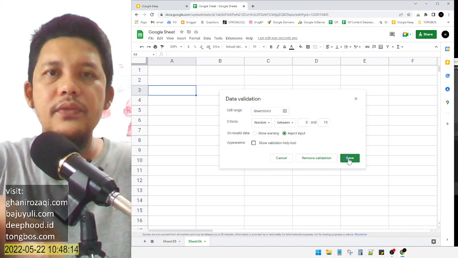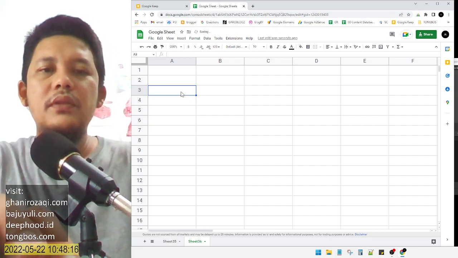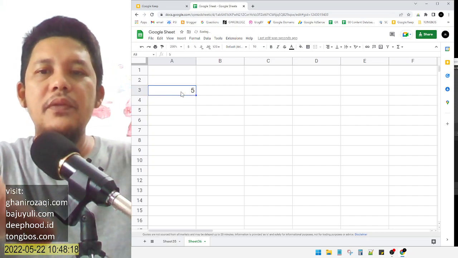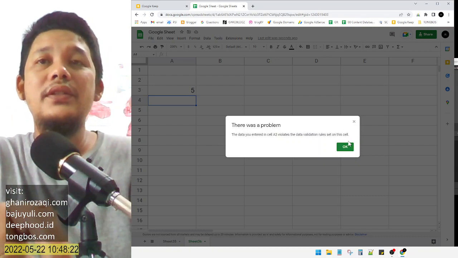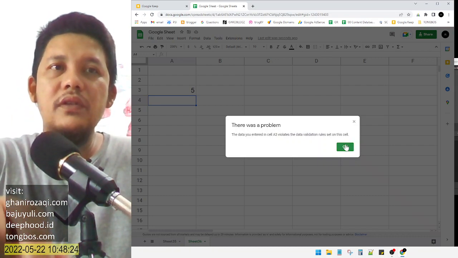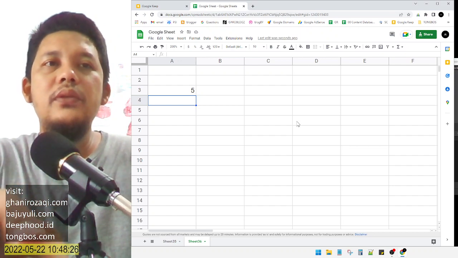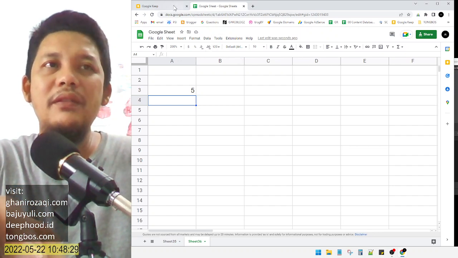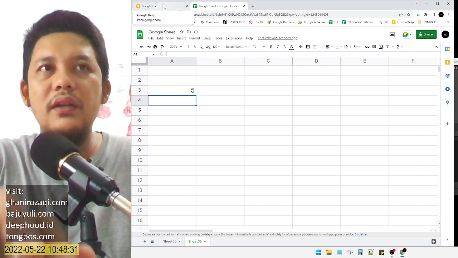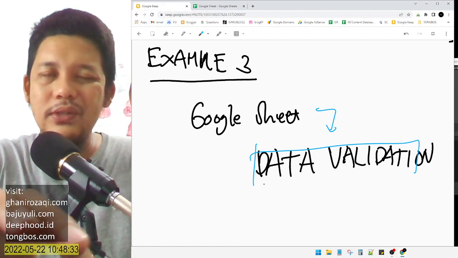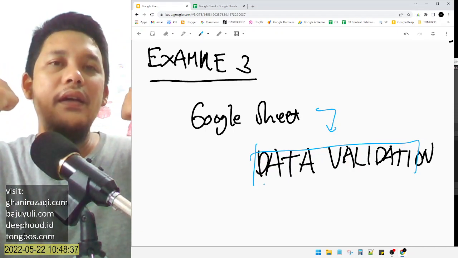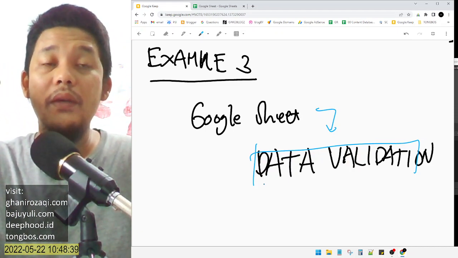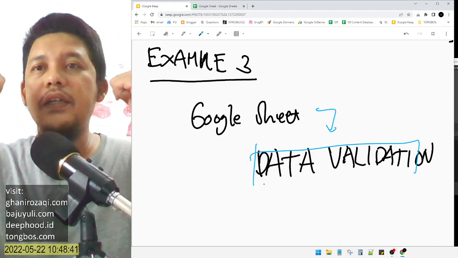Click save. So if I put 5, it's fine, but if I put 100, it rejects. There was a problem. This is the Poka Yoke system, right? It's really cool, and this is really helpful for me to get my employees not to typo, not to input wrongly, so I don't need to inspect, I don't need to rework my employees' work. Okay, that's it. I hope it's helpful for you.